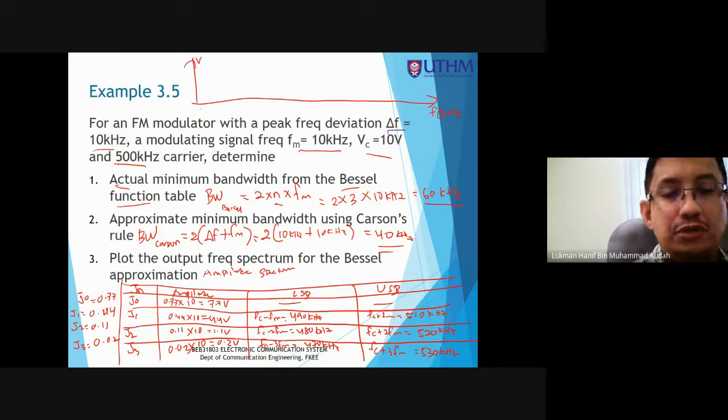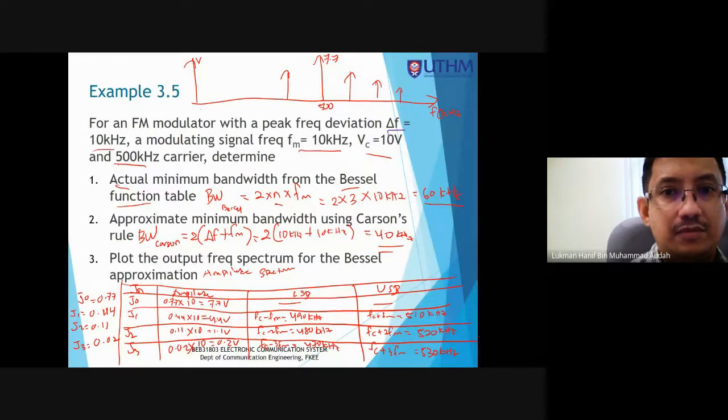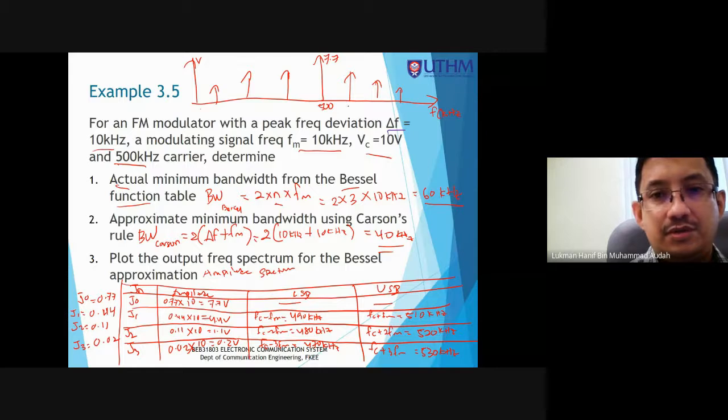That means this is volt. So we have here this is 500, with the amplitude of 7.7, and then we have 3 pairs of sidebands. Okay, so this is located at 510, 520, 530.